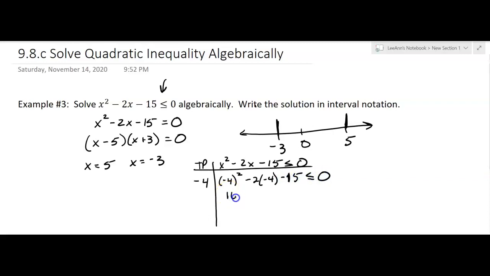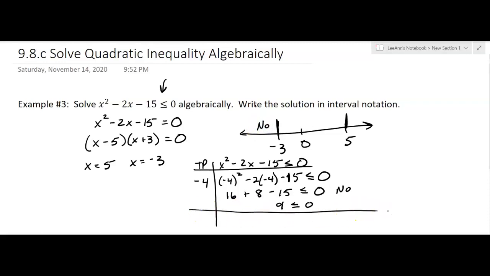Well, that's 16 plus 8 minus 15. I don't think it's going to be less than or equal to 0, because you're going to get 24. It's going to be positive. So no, this doesn't work. You're getting 24. You're getting 9. 9 is not less than or equal to 0. So no, not that section.